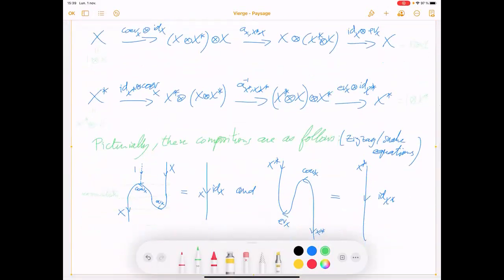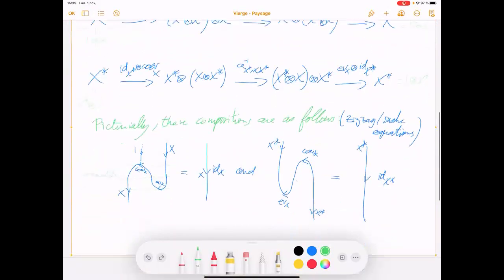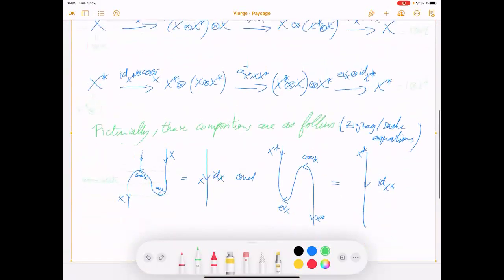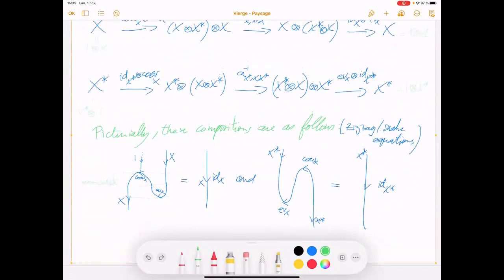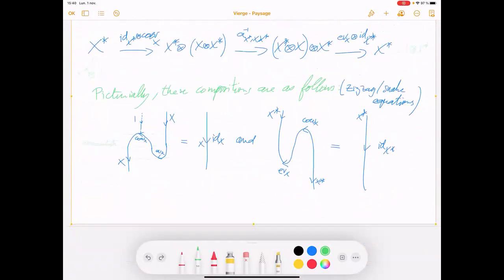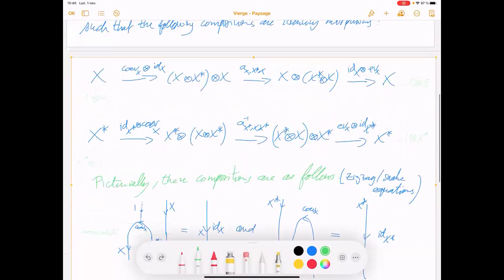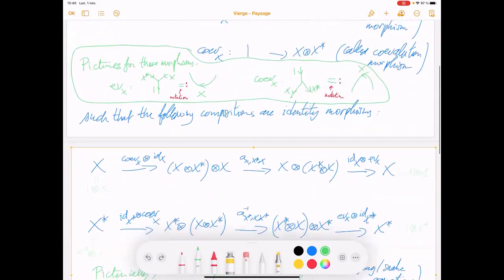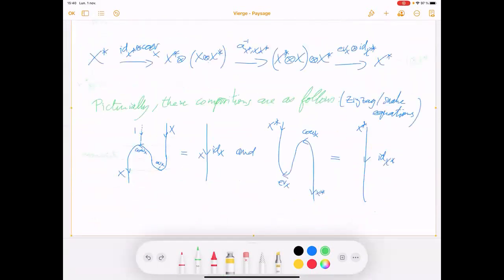Okay. For example, here this is x, but here it's x star.